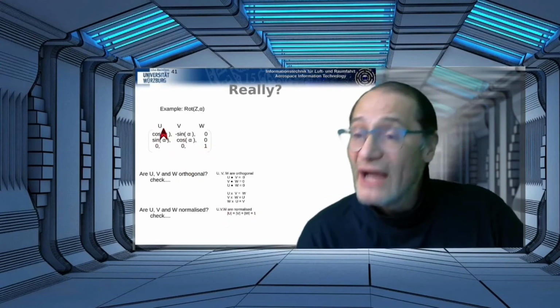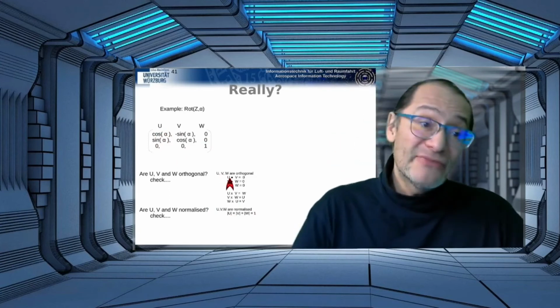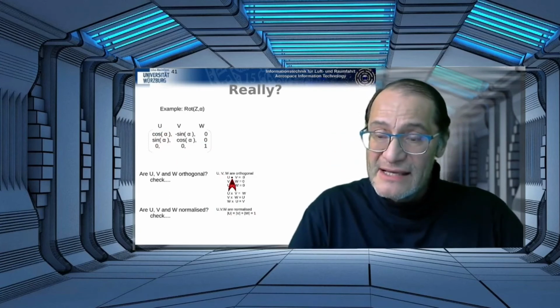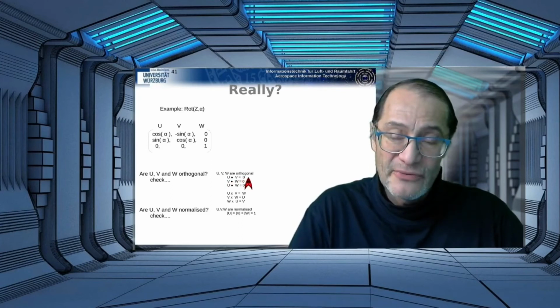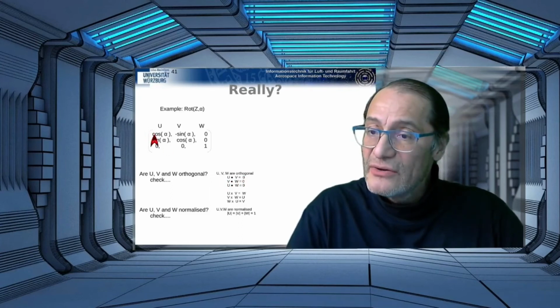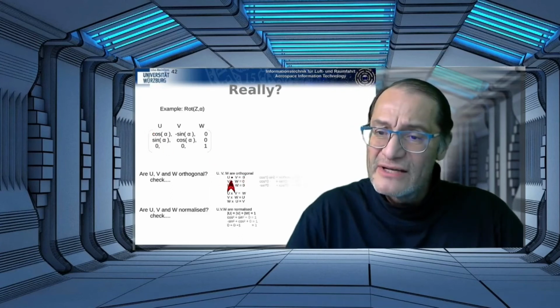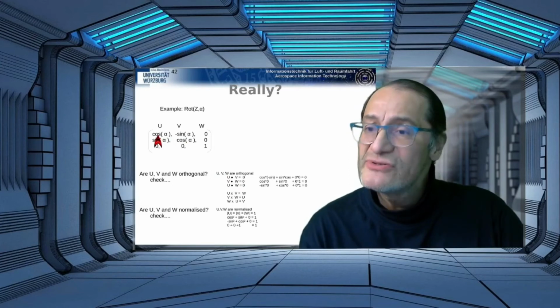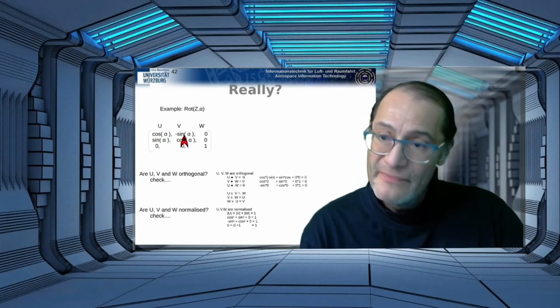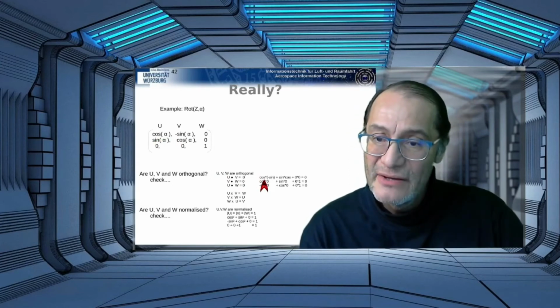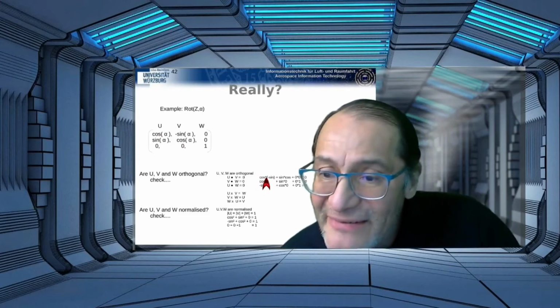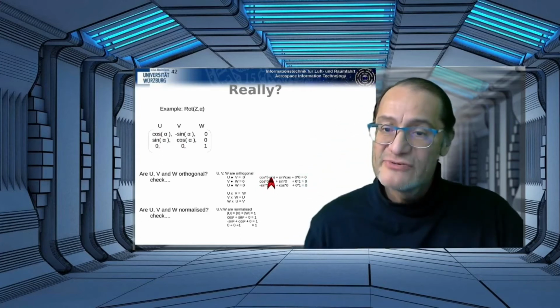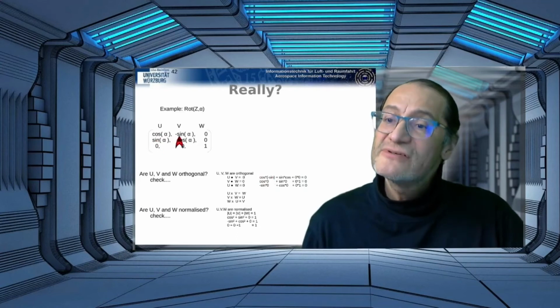And now, are they orthogonal? If they are orthogonal, then the scalar product shall be 0. Let's try only the first one. Okay, U scalar product with V. This is cosinus times minus sinus, plus sinus times cosinus.